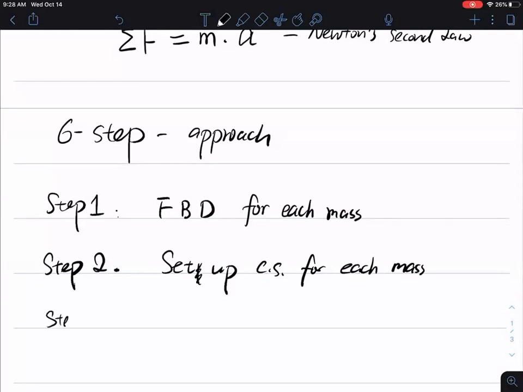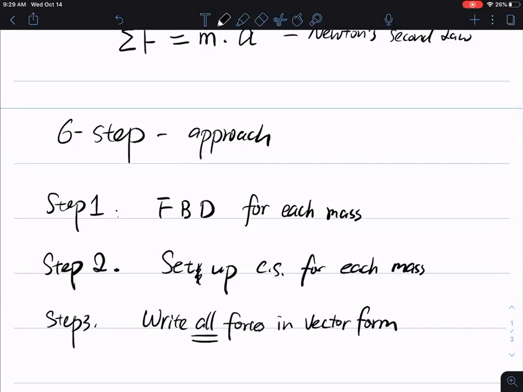Step 3 is to write out all forces in vector form. That means all your forces have to be in the form of something i plus something j.